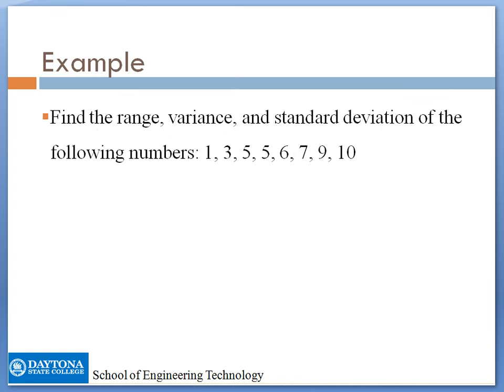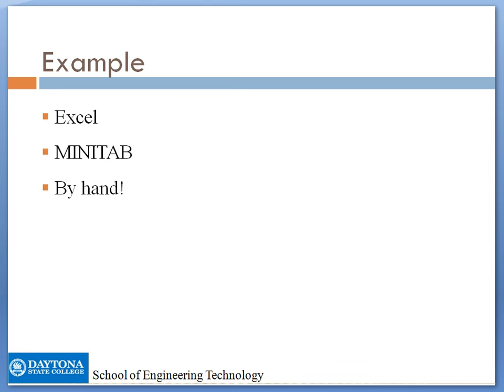So let's work another example. In this one we have to find the range, the variance, and the standard deviation of the following numbers. You got 8 numbers, and they vary from 1 to 10. So how do we do this? We can use Excel, we can use Minitab, we can do it by hand.